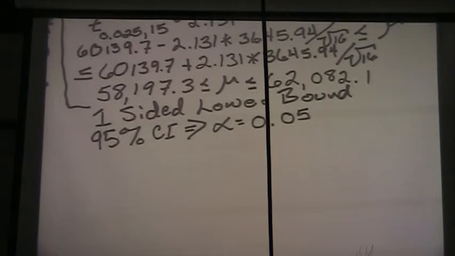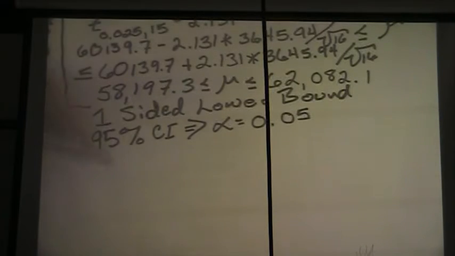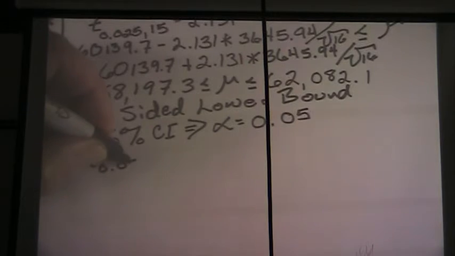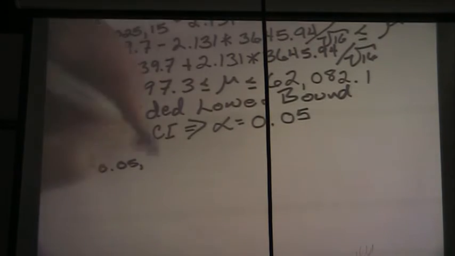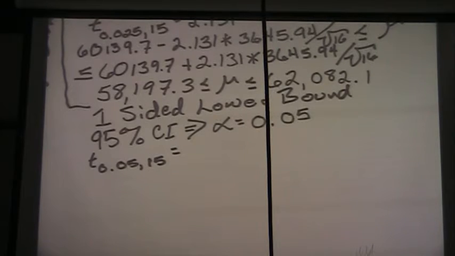Okay, well, that 95% confidence interval implies that alpha is going to be equal to 0.05. That means we want T of 0.05 with n minus 1, or 15, degrees of freedom.